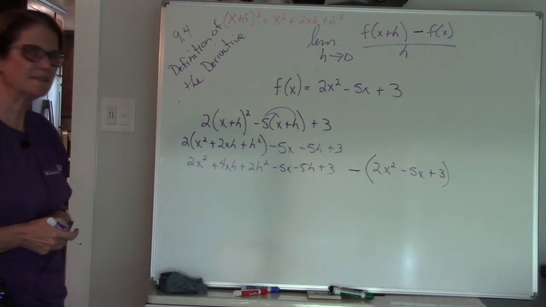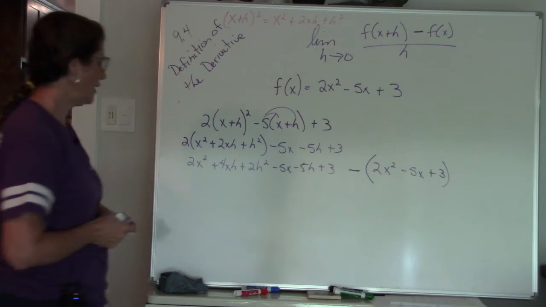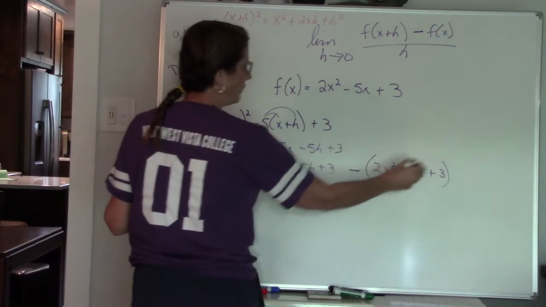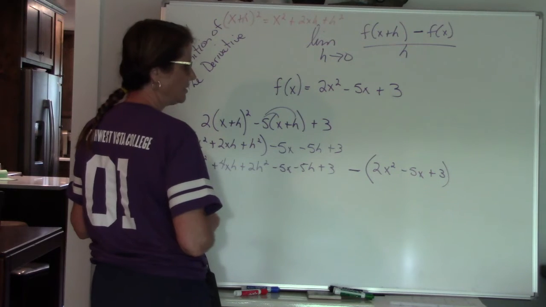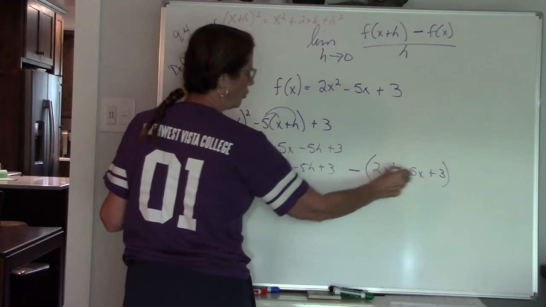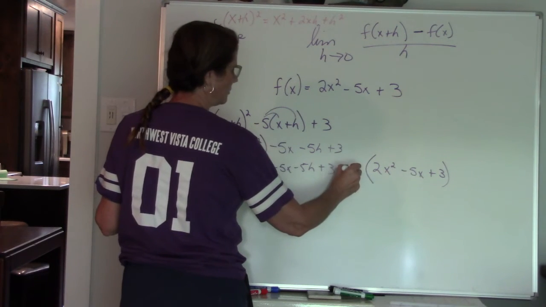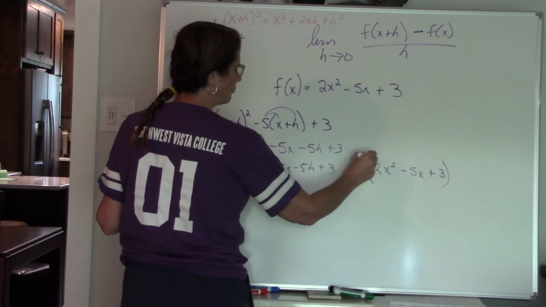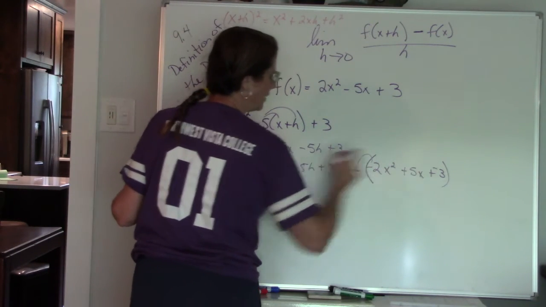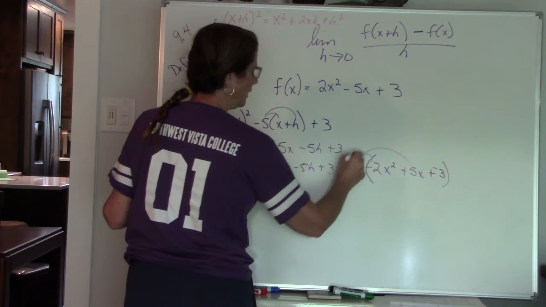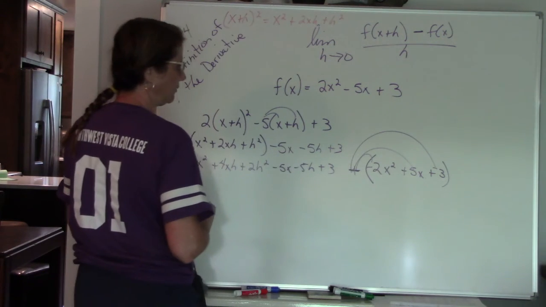Okay, that's the second step. All right, so notice I put my function in parentheses because I'm subtracting this whole thing, which means I'm going to push this negative through and change all my signs. So what was negative became positive, what was positive became negative.